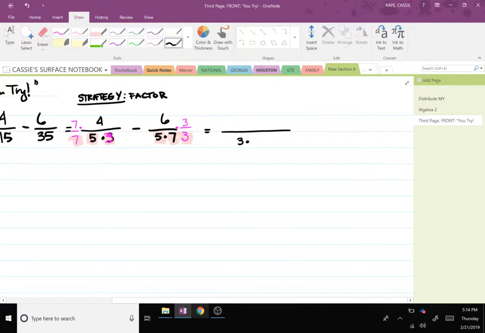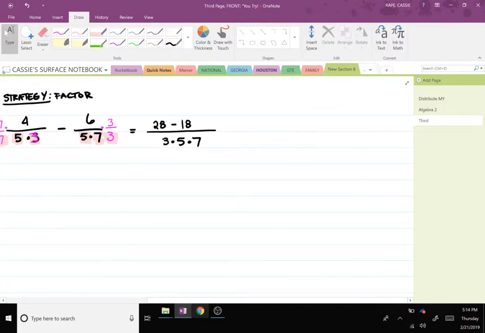I'm just going to go 3 times 5 times 7. That is the common denominator that they both share. Then you do the math. 7 times 4 is 28. Minus 6 times 3 is 18. Okay, so 28 minus 18 is equal to 10. And you still have a 3 times 5 times 7. Don't worry about it in the denominator.